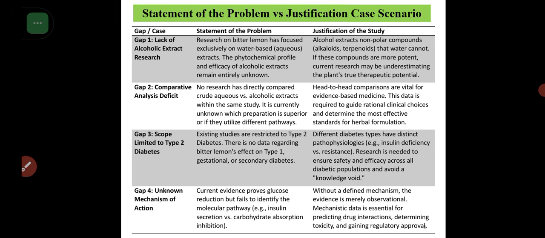So it is necessary that the study is conducted so that we do not underestimate the true therapeutic potential of bitter lemon. That makes sense.